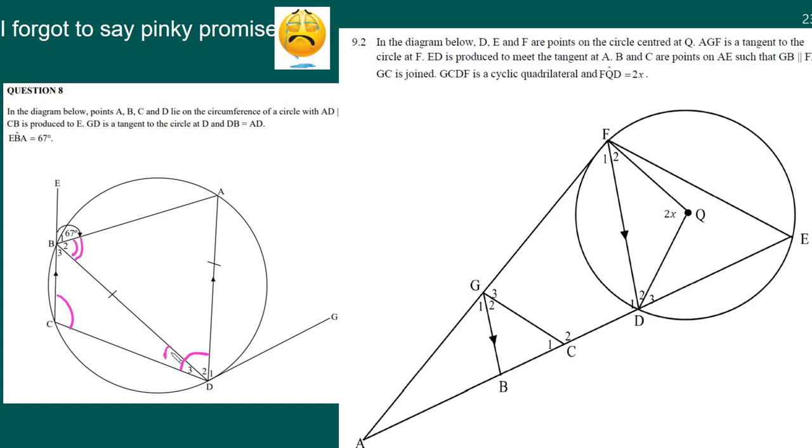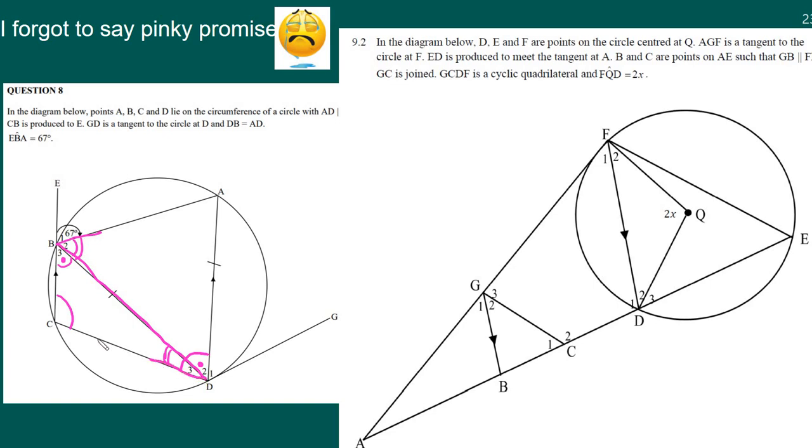Then D2 is equal to B3, alternating. I will agree with D2 and B3, but B2 and D3, are they alternating? Do they make a Z shape?